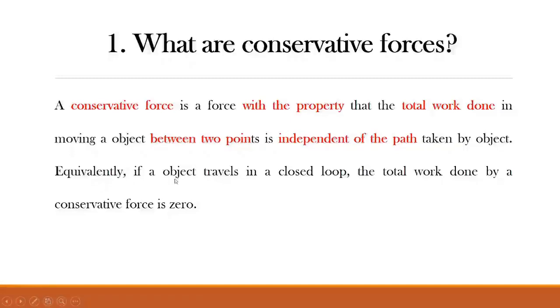Equivalently, if an object travels in a closed loop, the total work done by a conservative force is 0. Let us understand this concept with the help of the following examples.